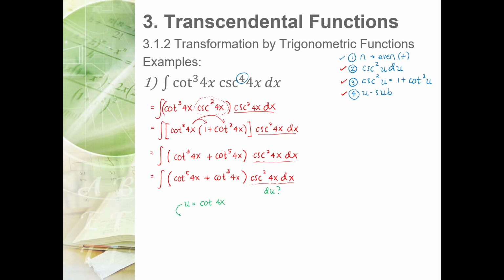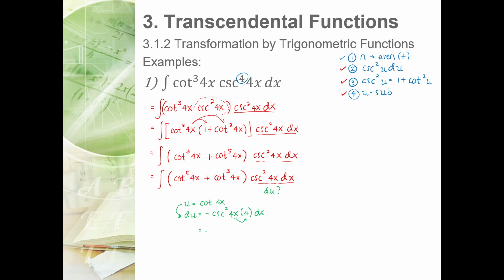And then the derivative of which, du, is negative cosecant squared 4x times 4. The times 4 came from the derivative of the angle. Then dx.